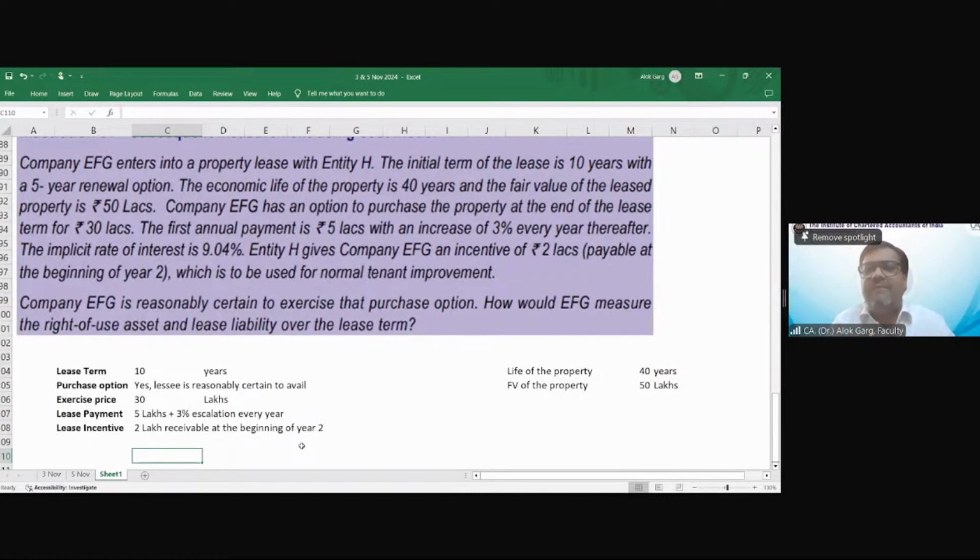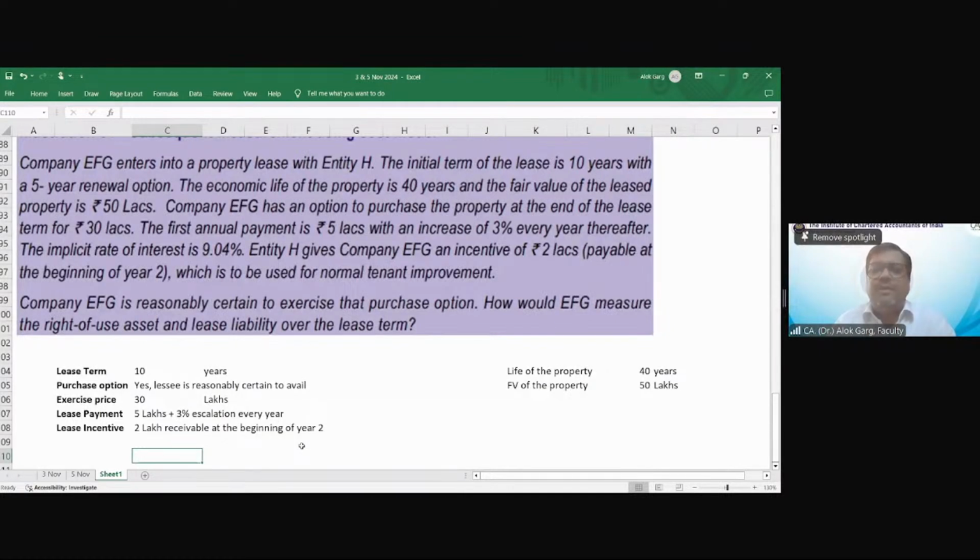And normally, my dear students, the lessor who is getting a lease rental pays back part of those rentals to the lessee. So we will assume that these rentals are also paid in advance.